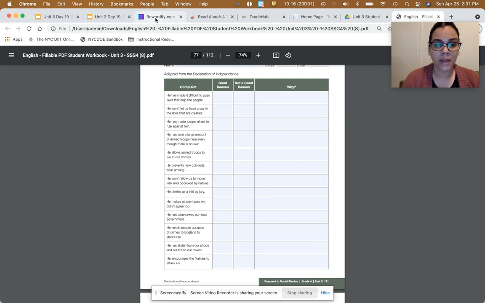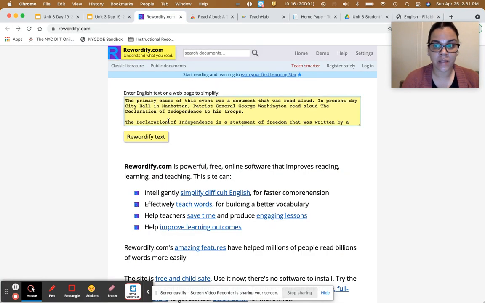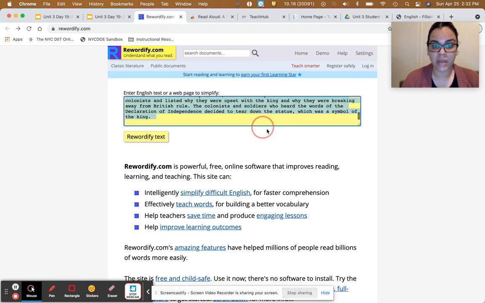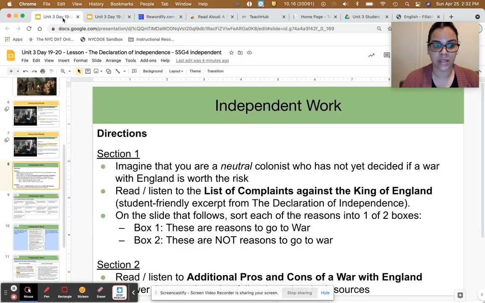And I just want to remind you that if you don't understand something that I read to you, you can go on rewordify.com, copy and paste the information, and it will help you understand some of the information that we're going to be reading about today.